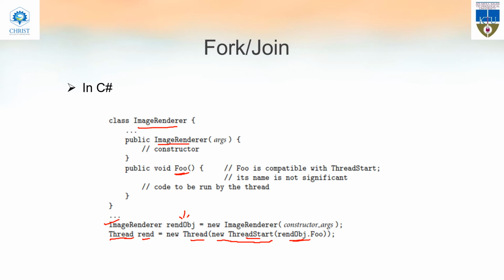So in C sharp, to create a thread, you'll be creating an object of the class, and also an object of the Thread class, to which you will be passing that function, the function that needs to be executed as a thread. I hope it is clear. This is how in C sharp we create a thread for a function.